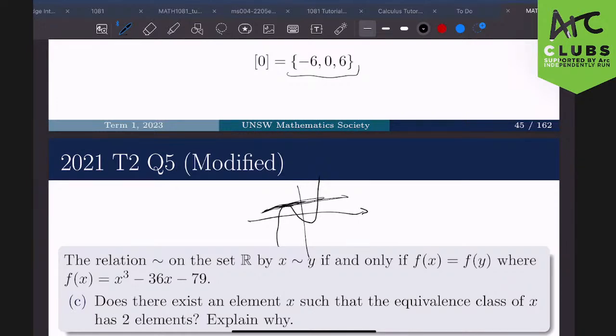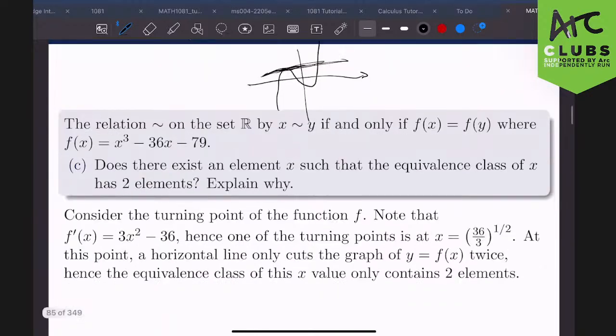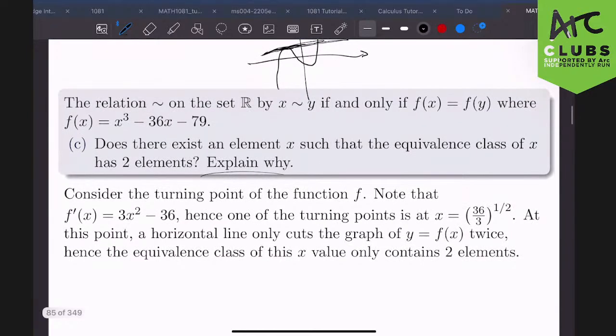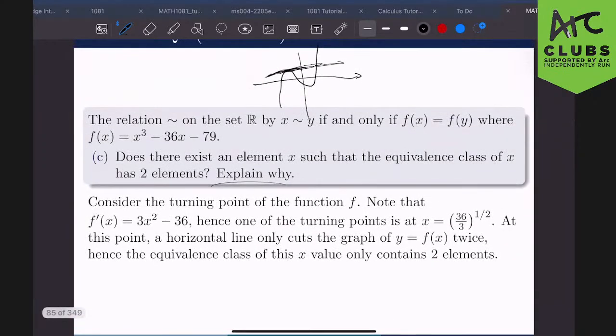So that's what it's saying, there's just 2 values. It doesn't actually ask us in this question to find them, it just asks us to explain why. But you just have to differentiate and you can find the points. So I think that should be self-explanatory.